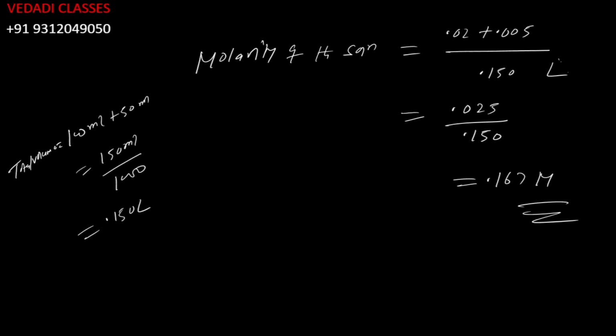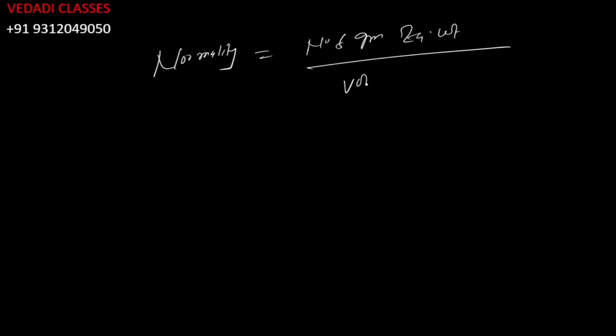But now have a look here. This is molarity. Then how do you find out the normality? To find out the normality, we have to find the number of gram equivalent weight divided by volume of solution in liter.